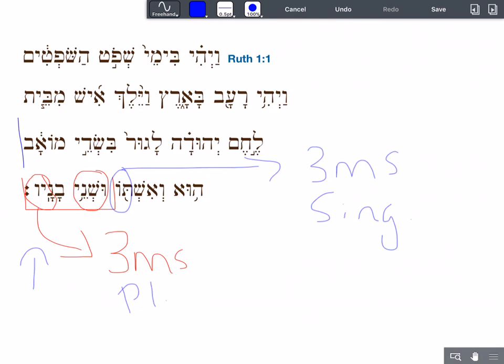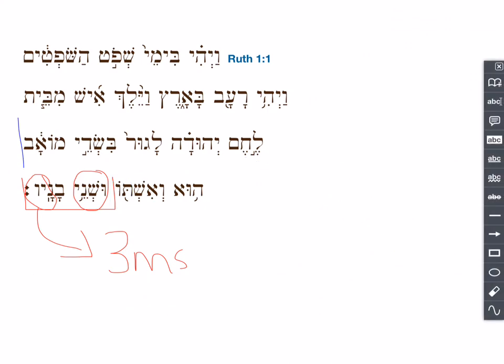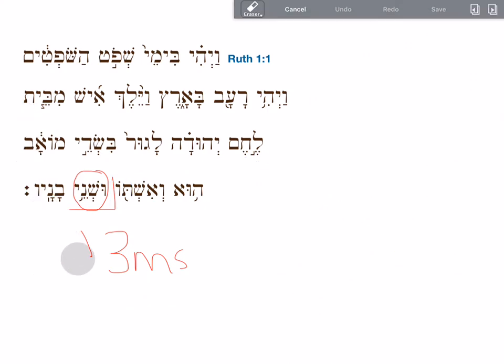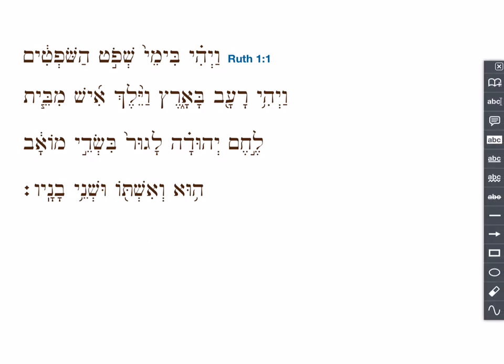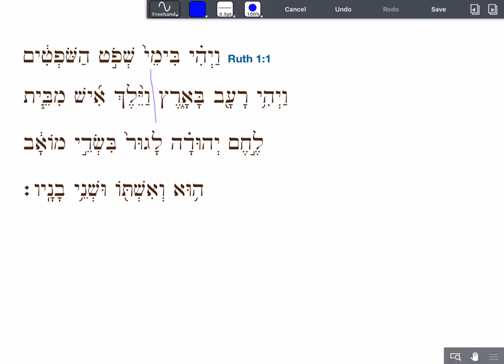They'll give you good clues. So let me do some erasing again. Clear this mess up. So let's read again. We have, and a man from Bethlehem of Judah went to journey in the fields of Moab, he and his wife and his 2 sons.